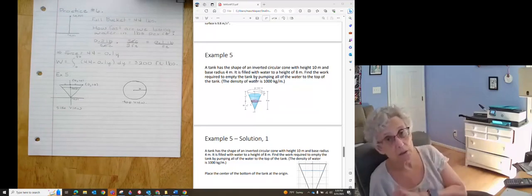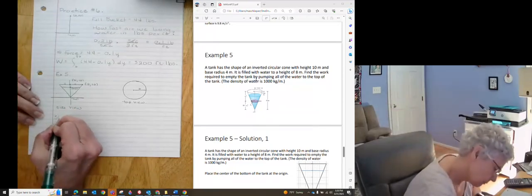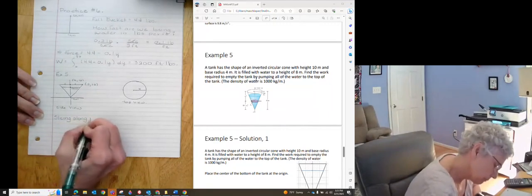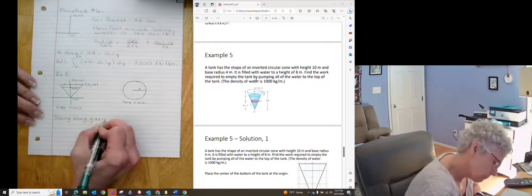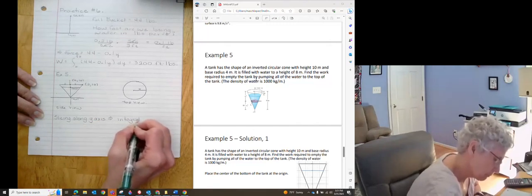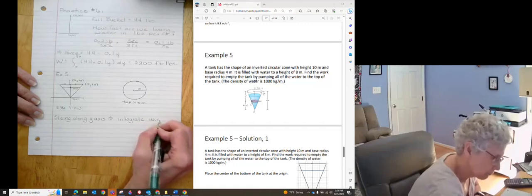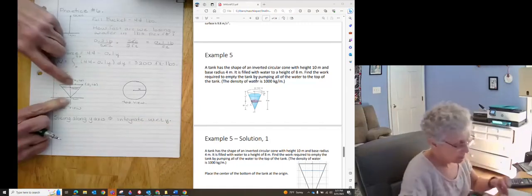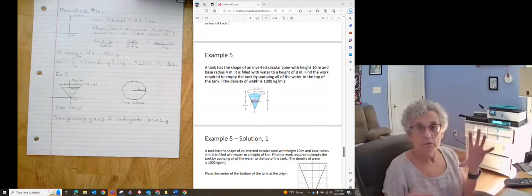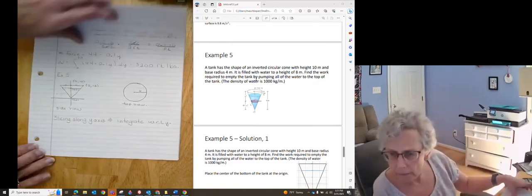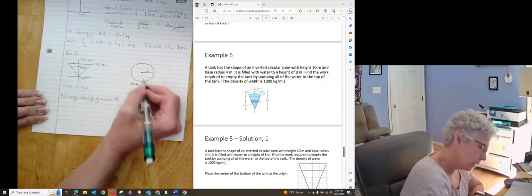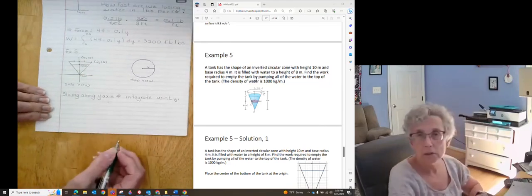I want to integrate with respect to y. Because my water level is going from 0 to 8, I'm going to be integrating from 0 to 8, and this is meters. So I need a function for x in terms of y.